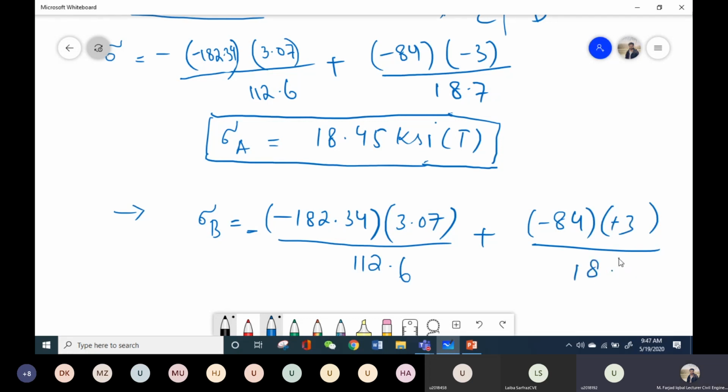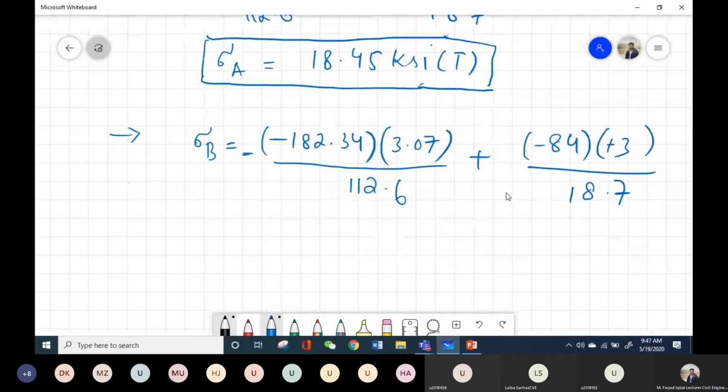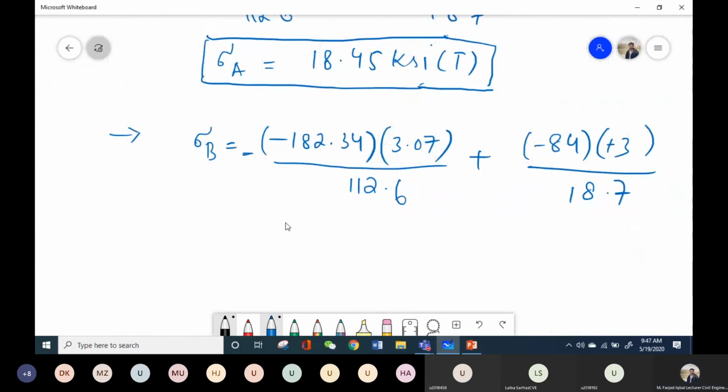So what is my stress at point B? The stress at point B is equal to, can anyone give me the answer? Minus 8.5. Actually, I don't have the answer for it, but I think it is 10. Can anyone else confirm it also? 8.56. 8.5.